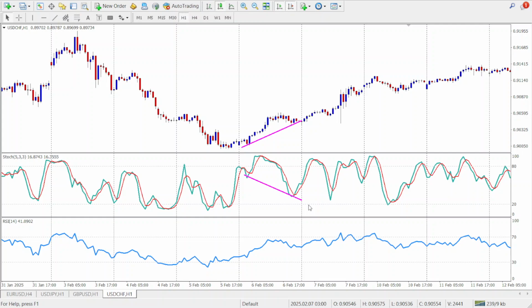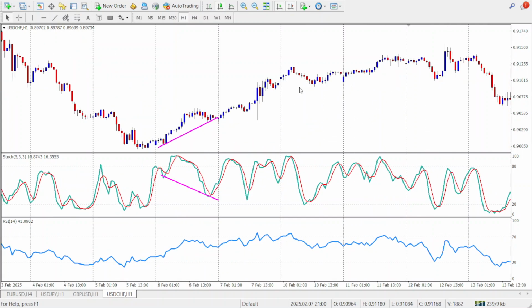Now, this is what we call a hidden bullish divergence, because it signifies continuation. There could be a bullish continuation, and that is exactly what happened, right? So basically, when price is making higher lows and the indicator is making lower lows, or price is making lower highs and the indicator is making higher highs, it could mean a hidden divergence.